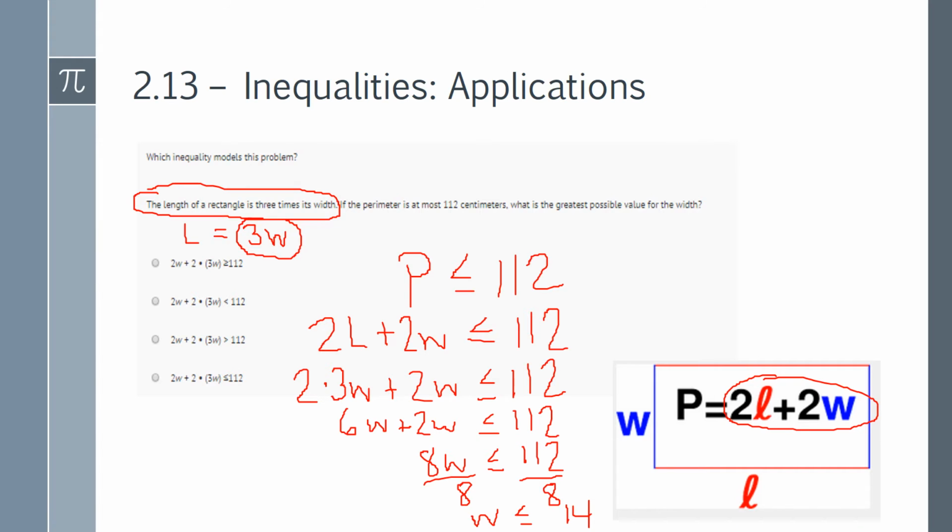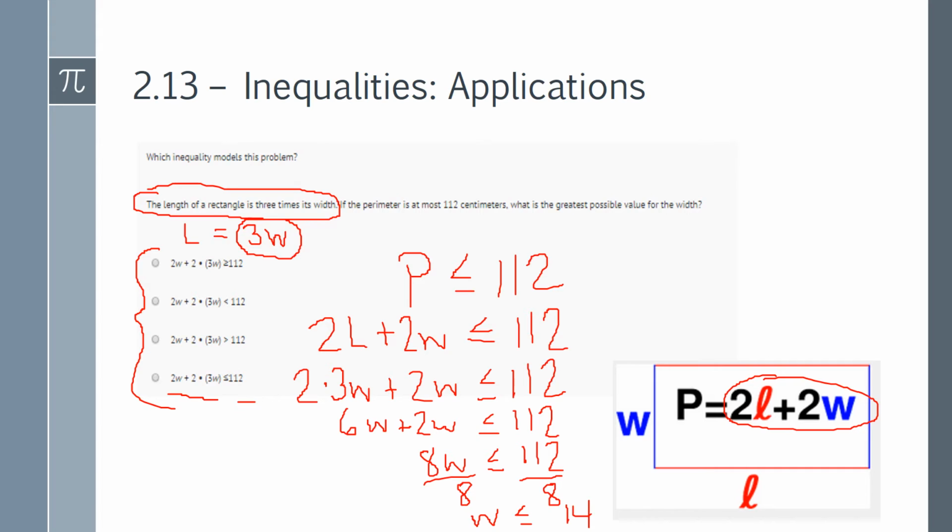So what is the greatest possible value for the width? It's 14. Now notice something. I didn't actually have to do the problem. If you look over at the answers right here, I actually didn't have to solve it, did I? And to make it even easier, these are all the same on the left side. They're the same on the right side.